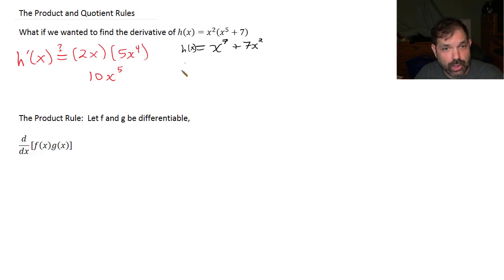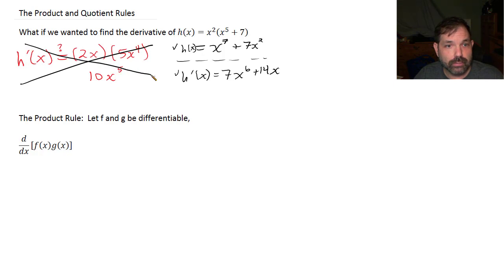Then differentiating, using what we've learned in the previous section, h prime of x would be equal to 7x to the sixth plus 14x. I know that this first step is correct from algebra, and I'm pretty sure this second step is correct from what we've learned in the previous section. And I see that this is obviously not equivalent to what I wrote over here in red, the 10x to the fifth. So I'm pretty confident that this is invalid.